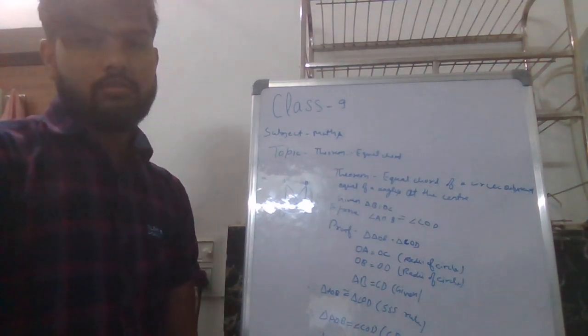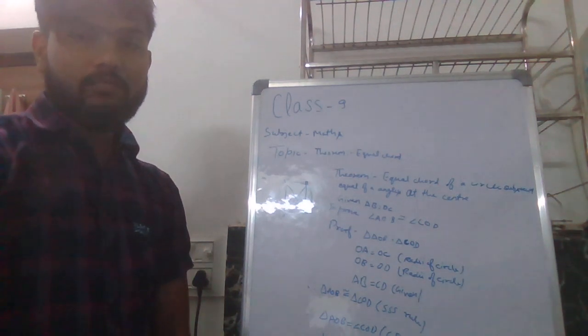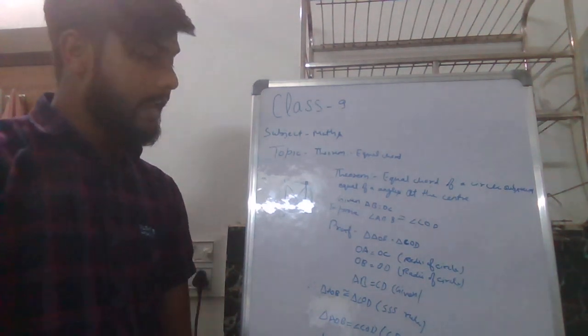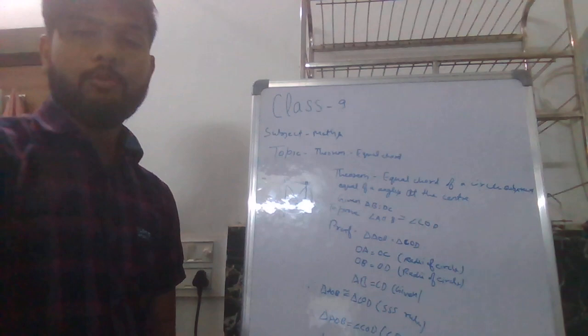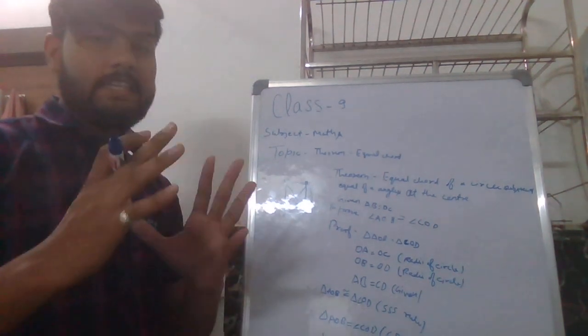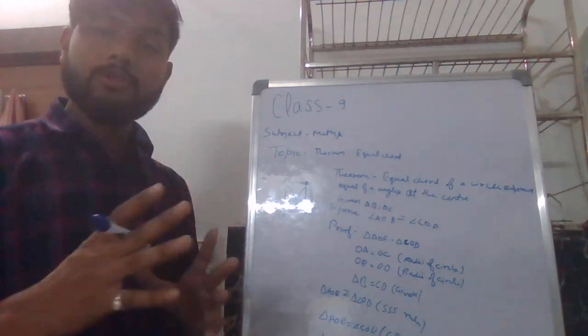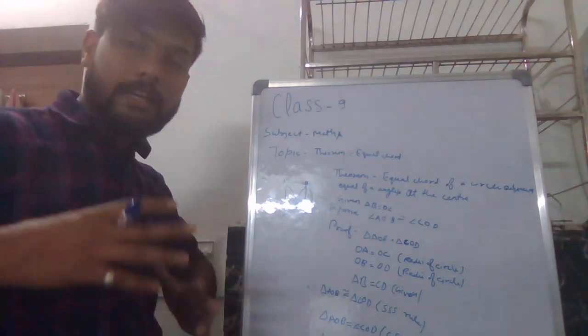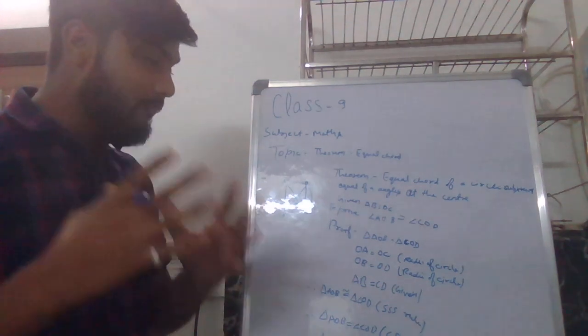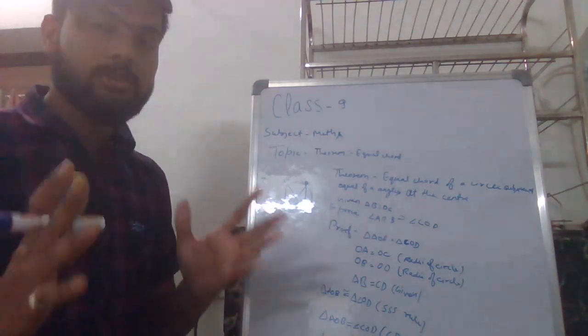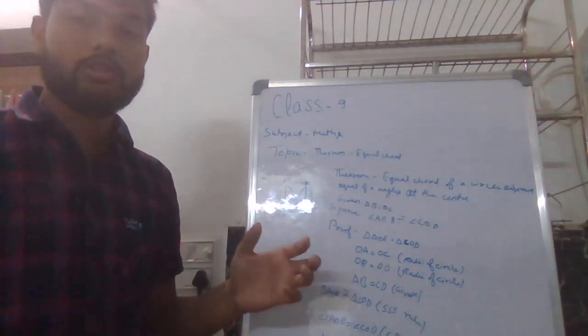Very good. Now I have a question for you. Tell me whether this construction is possible for that figure, and if possible, tell me the reason for your answer, why it is possible or why it is not possible.